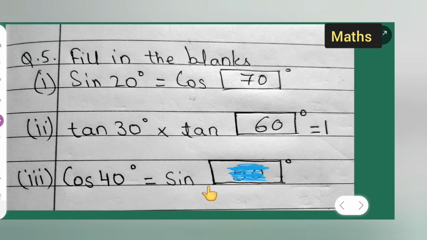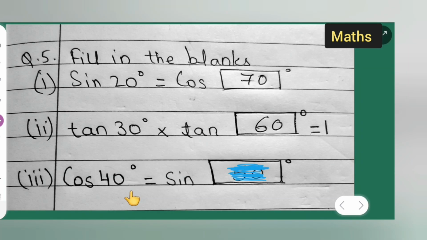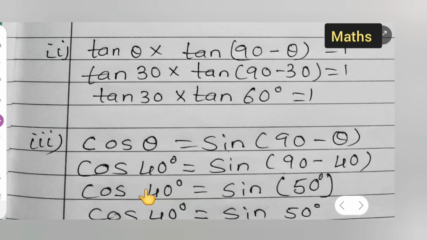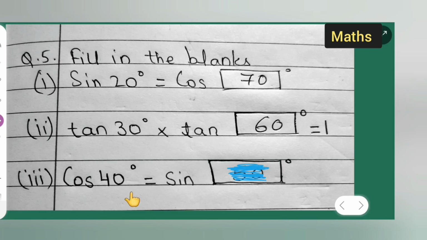In place of theta, 40 degree is given, so cos of 40 degree is equal to sine of 90 minus 40, which is 50 degree. So you plug the value over here, that is sine of 50 degree.